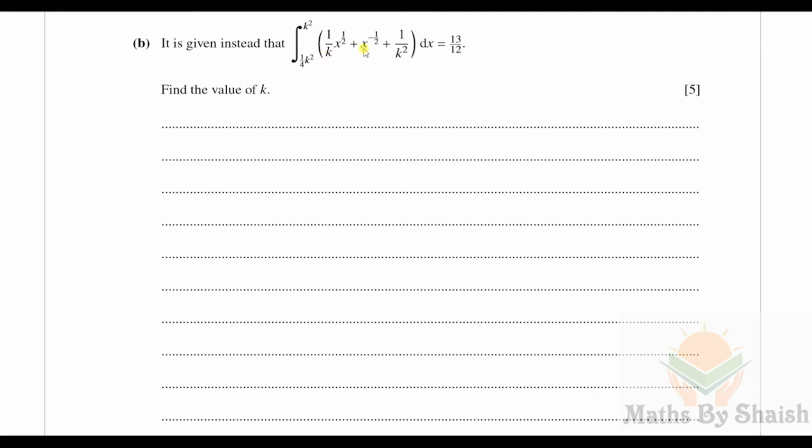It is going to be 1 over k times x to the power 1 by 2 plus 1, which is 3 by 2, divided by 3 by 2, plus x to the power minus 1 by 2 plus 1, which is 1 by 2, divided by 1 by 2, and plus 1 over k square, and the integration of the constant is going to be only x. This is the integration, and the limits we put are 1/4 of k square to k square, and it equals 13 over 12.